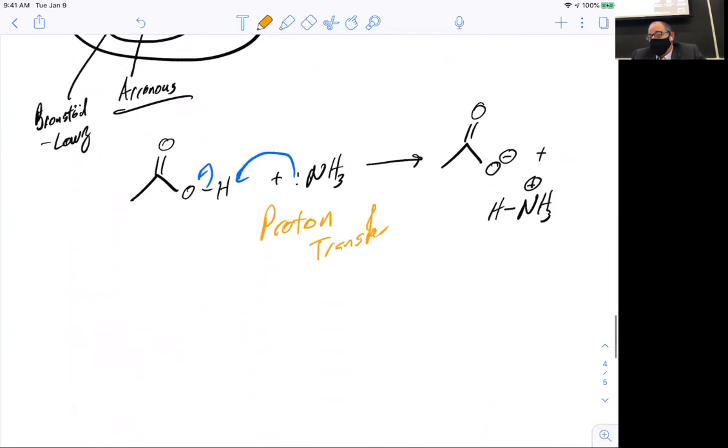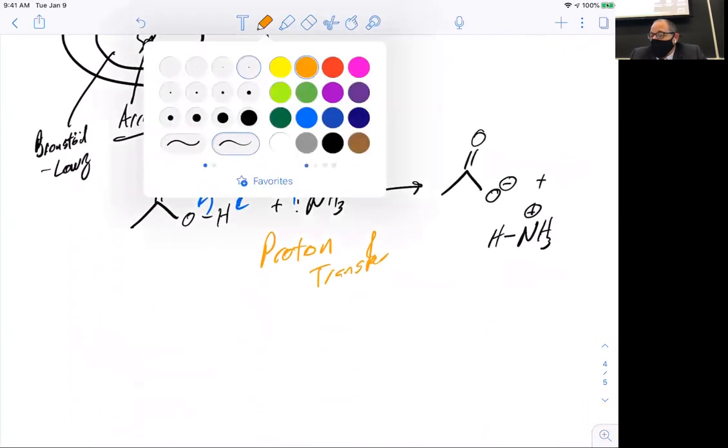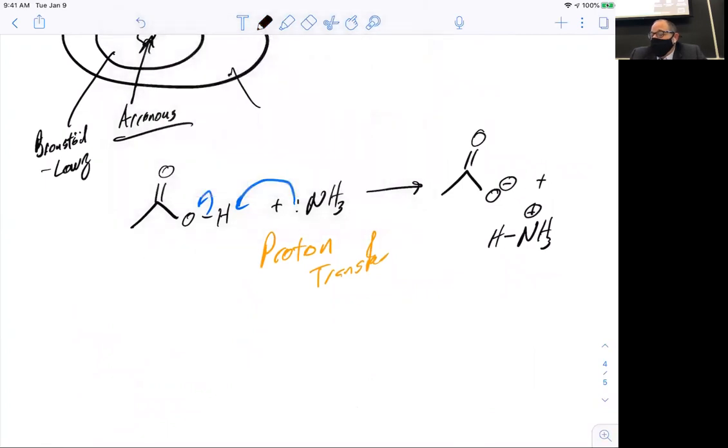When we go to the outside here, we're going to expand this definition again, and we're going to look at Lewis acids and bases.